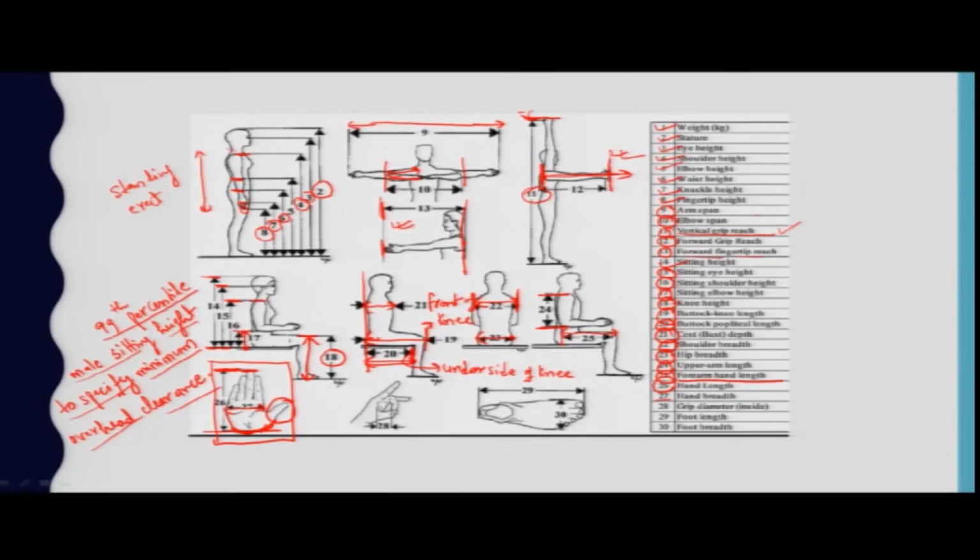28 is the grip diameter. If you are firmly holding something, the maximum diameter you can hold is your grip diameter, which is calculated as an inside diameter. And as far as foot length and foot breadth are concerned, lengthwise is the length and this is the breadth.